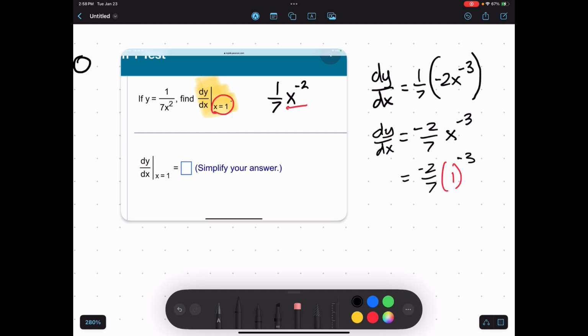Because my base is 1, 1 to any power is just 1. So I get -2/7 times 1, which is just -2/7. So my answer is -2/7. It does say simplify your answer, but can I simplify that fraction? I can't simplify that fraction anymore. So my answer is just -2/7.